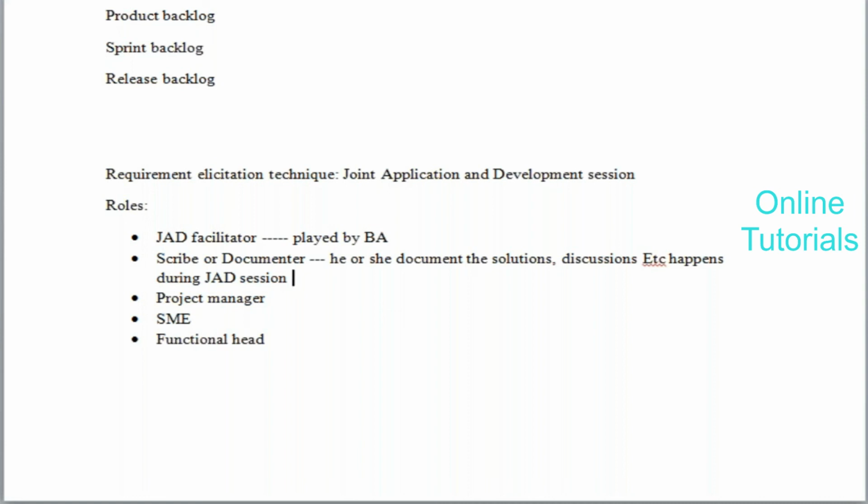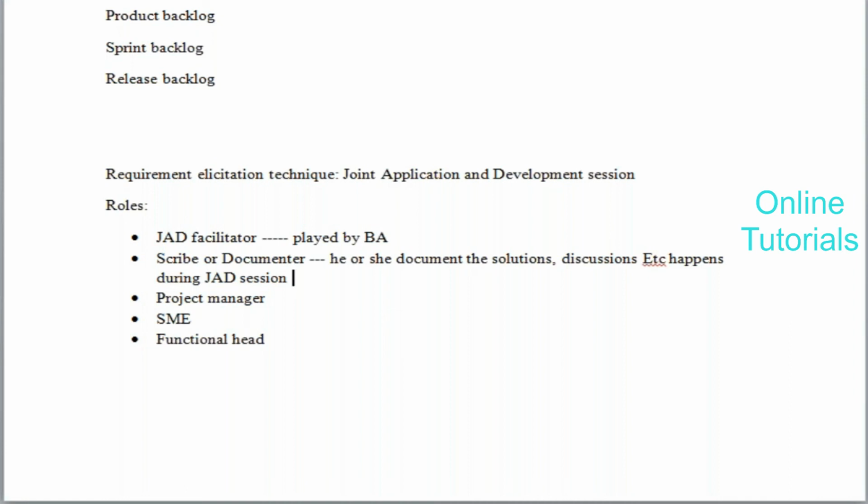Whatever solutions, discussions, and designs we have come across, finalized, or are about to finalize, all of these will come under the scribe or documenter. Understand?